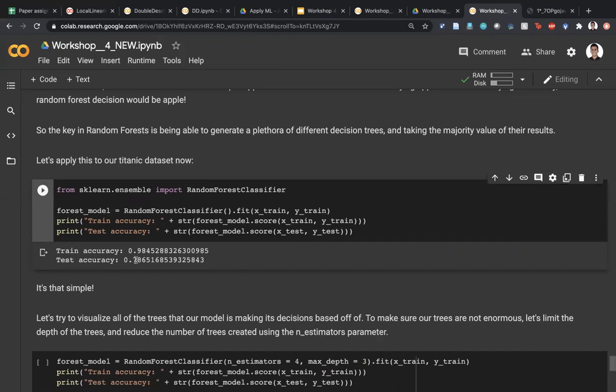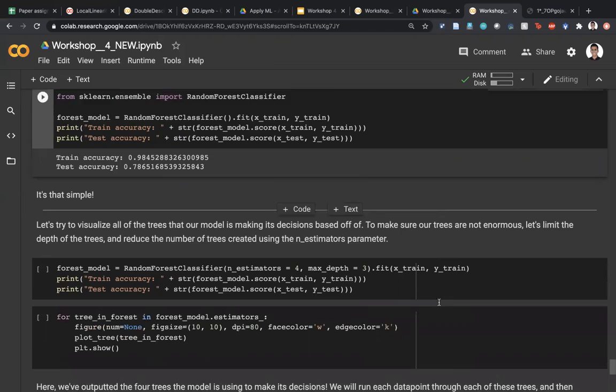we see that we have a training accuracy of 98%, which is really high, and a testing accuracy of 78%. So what do you think this result suggests? Is our model good? Is our model bad? Do we need to change anything? Feel free to drop any answers in the chat or unmute yourselves.